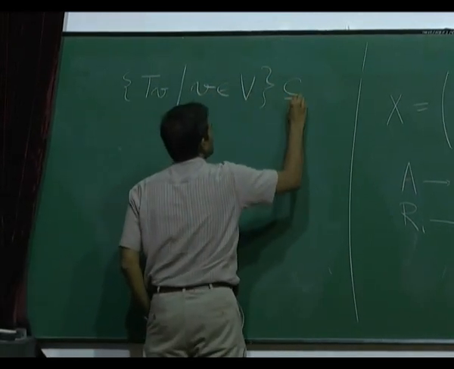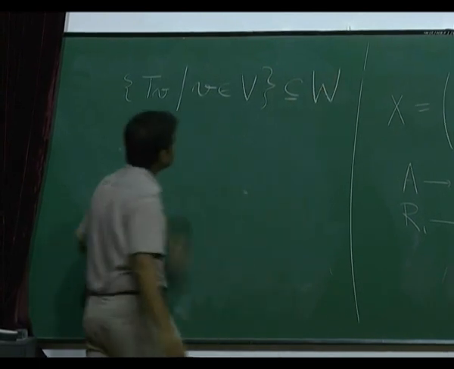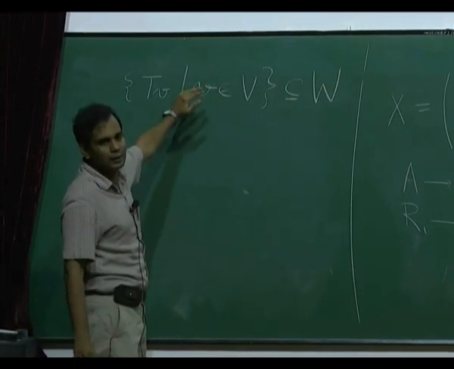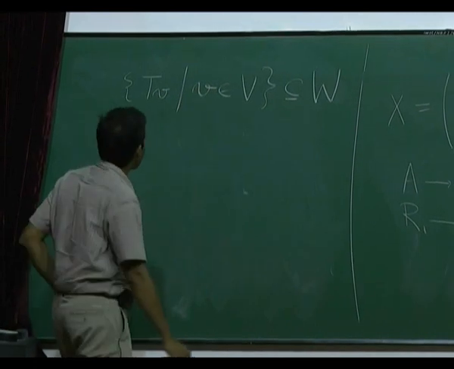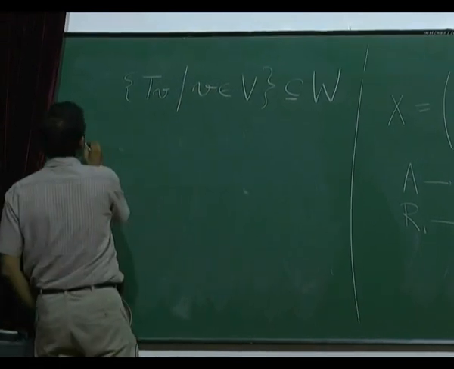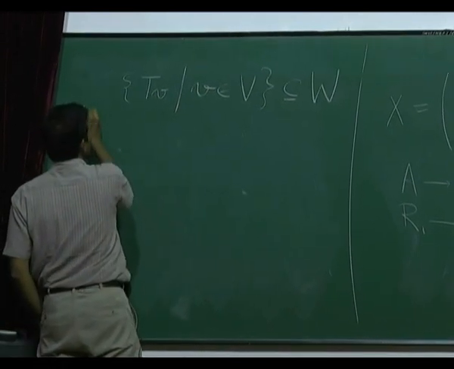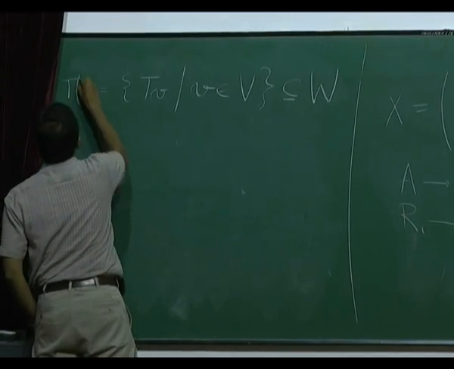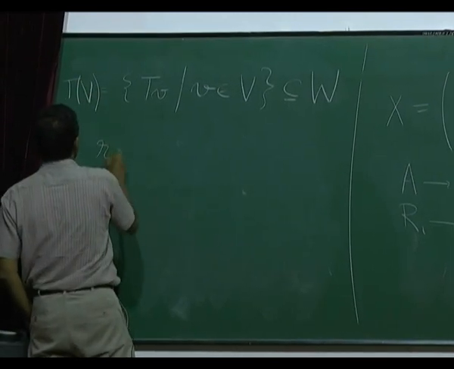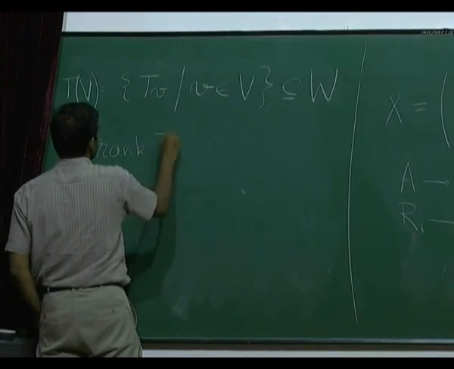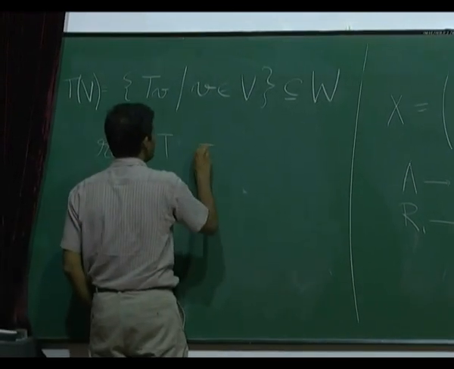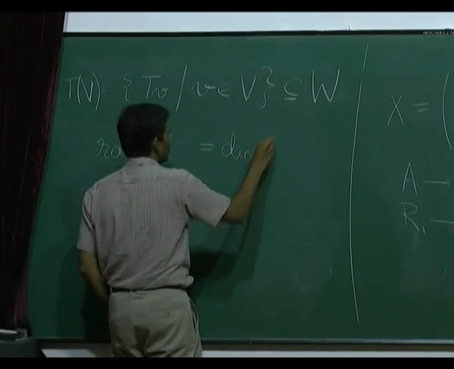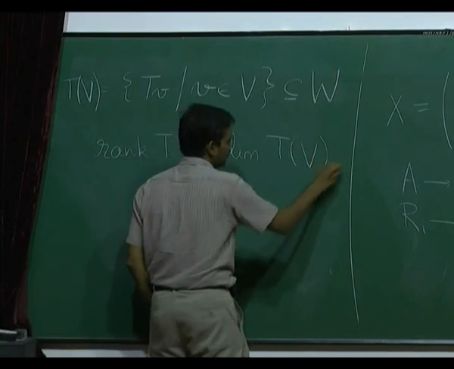This is a linear subspace of W. It's closed under scalar multiplication and addition. I will call this T of capital V. Rank of T is defined as the dimension of TV.